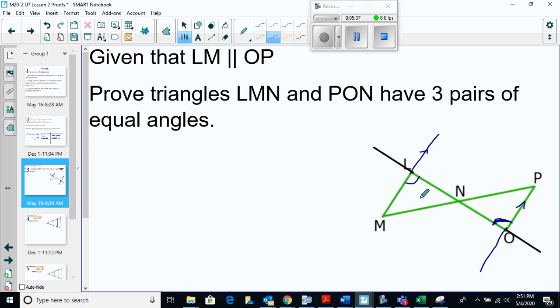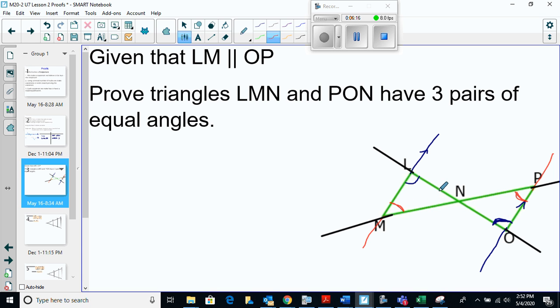Now let's change the color and take a look again at the two lines and a second transversal line, being the line PM. So now the line PM is the transversal line of the two parallel lines. So angle M and angle P are equal to each other as the alternate interior angles as well.